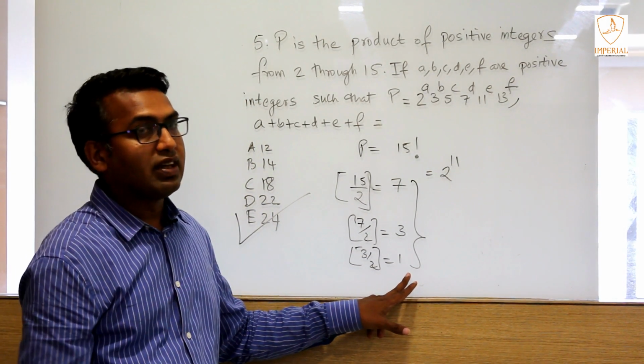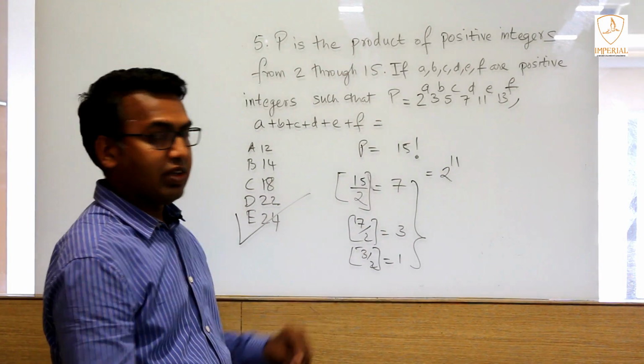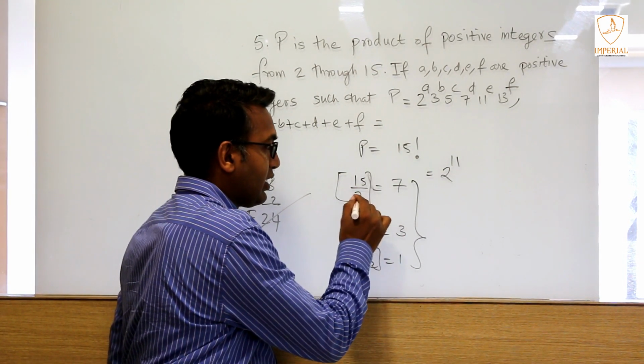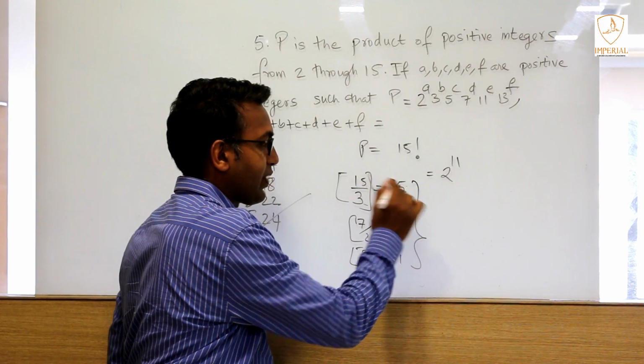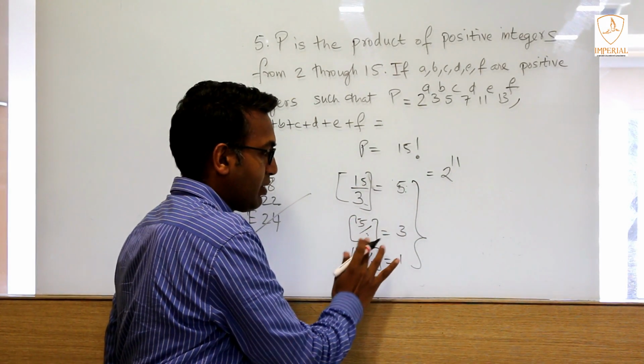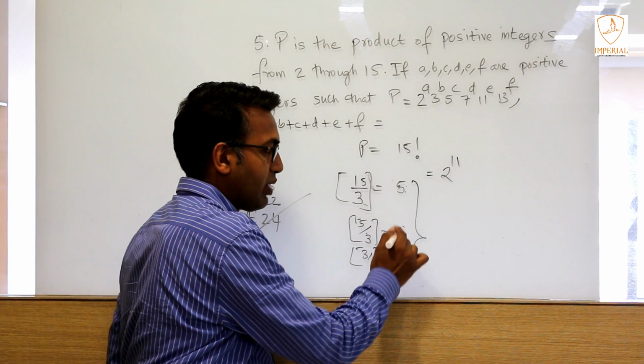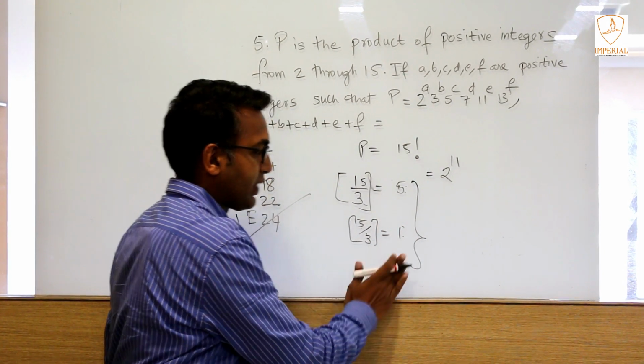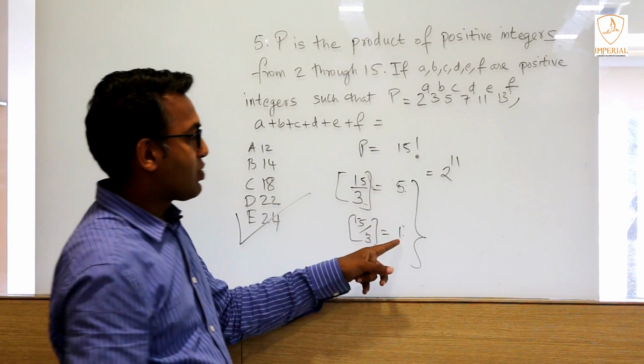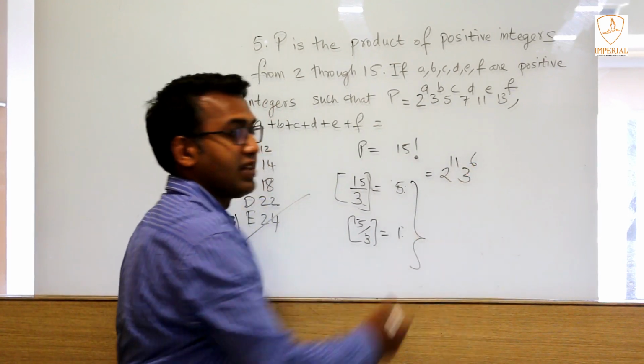If you remember, earlier also we got that. Now the power of 3. Let's start dividing by 3. You'll get 5. Then 5 divided by 3 you'll get 1 point something, so just take 1. That's it. 5 plus 1 is 6, so 3 power 6.